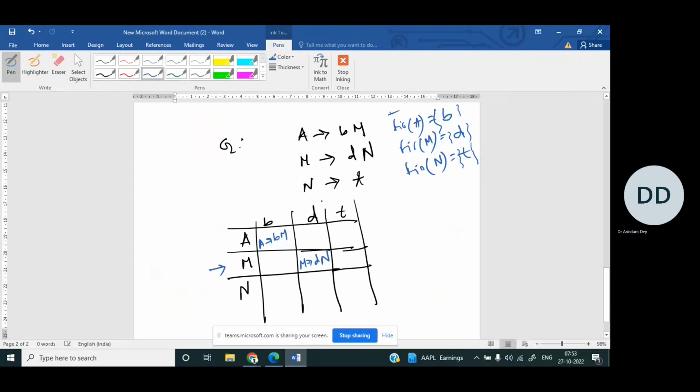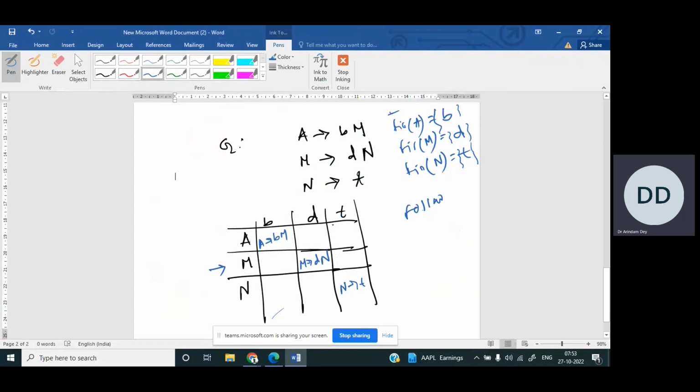For T, it is directly T, so here N to T. In this table you can check, there are no places where epsilon is there in the first function. So if no epsilons are there, then no need to calculate the follow, right? No need to calculate.